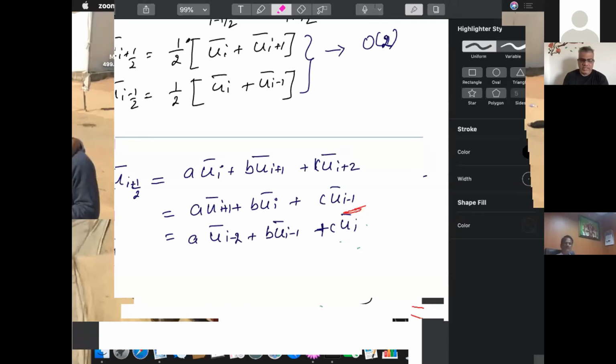It doesn't make any sense. So you should be very careful in choosing what method you are using, and what methodology you are using for solving the scheme.